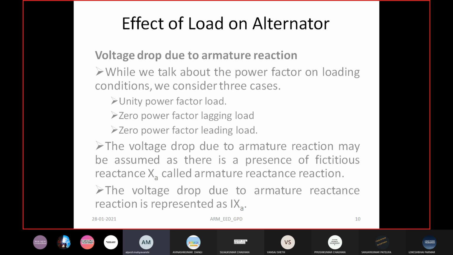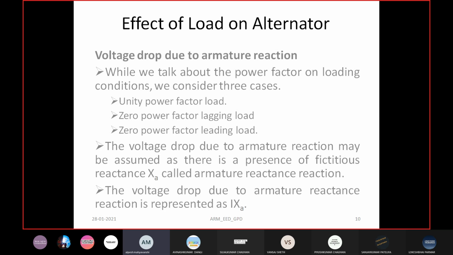Armature reaction occurs in the alternator armature winding, so we can say that this armature has some reactance. When the armature reaction process is there, some reactance comes into the picture, and this is called the armature reactance, denoted by Xa.